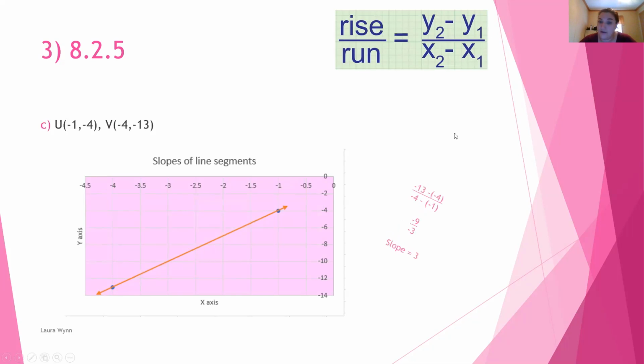I have it worked out right here. Our y2 is -13 minus -4, which is our y1, over x2, which is -4, minus x1, which is -1. So -13 plus 4 gives you -9, and -4 plus 1 gives you -3, which gives us a slope of 3.